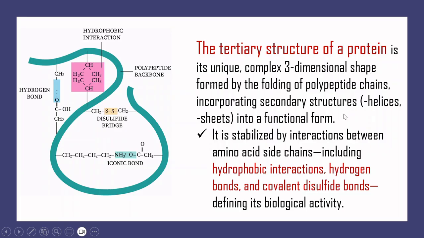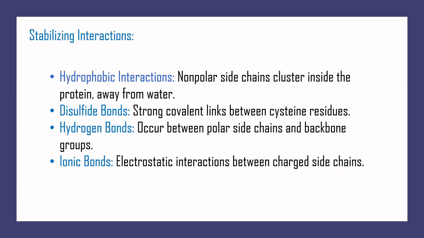And the tertiary structure is stabilized by means of different types of interaction. And this interaction could be hydrophobic interaction, disulfide bonds, ionic bonds, or hydrogen bonds, and that defines its biological functionality.